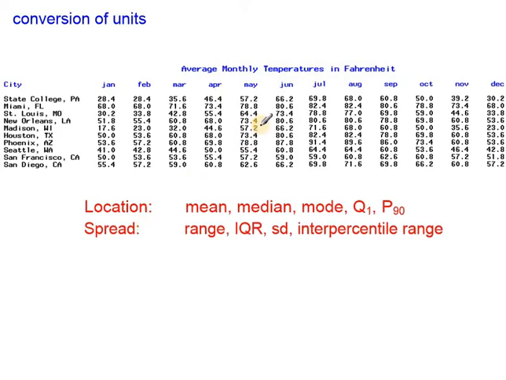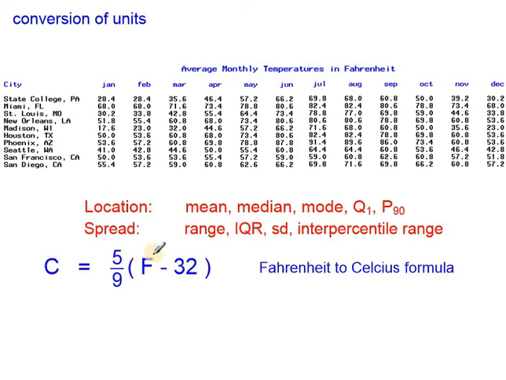We've done calculations on this data for measures of location and spread. So everything so far is in Fahrenheit. Now we also want all of these measures in terms of degrees Celsius. So we need to use the coding formula to convert from Fahrenheit to Celsius.